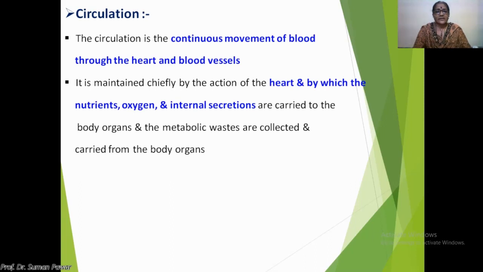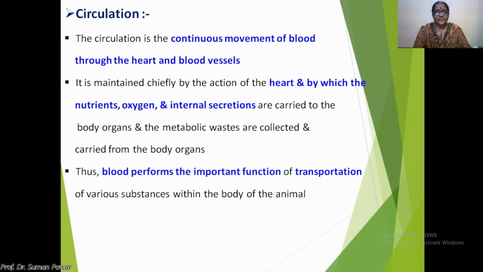And this continuous movement of blood is maintained mostly by the action of the heart, and by which the nutrients, oxygen, and the internal secretions of the body, like several enzymes as well as the hormones and other secretions, are carried to the body organs, whereas the metabolic wastes which are produced at the tissue level are collected and carried from different body organs.